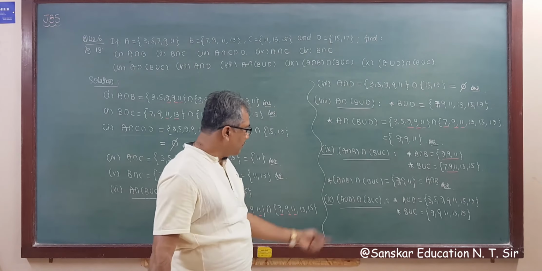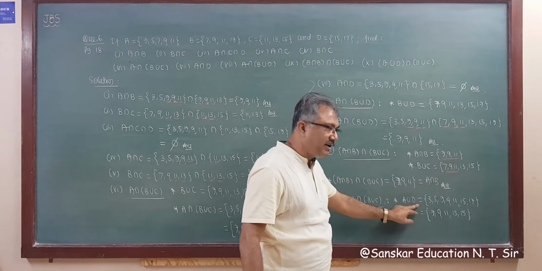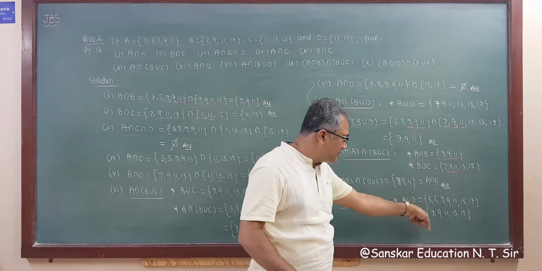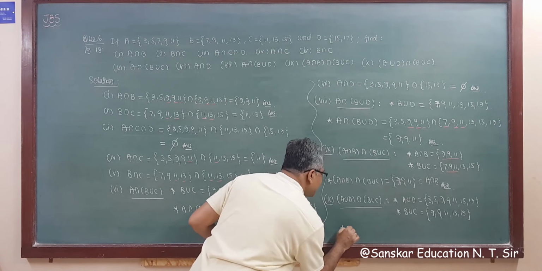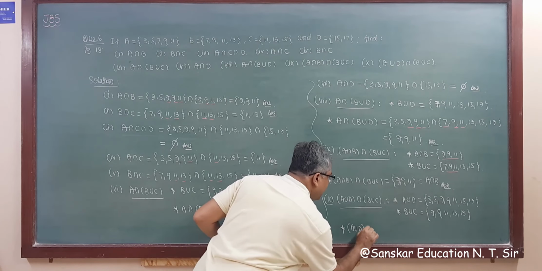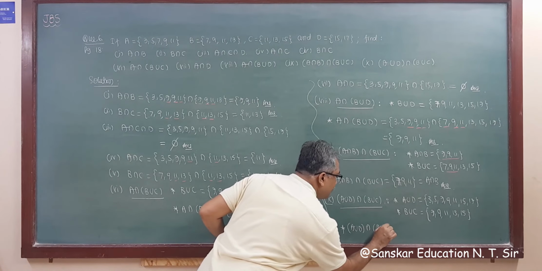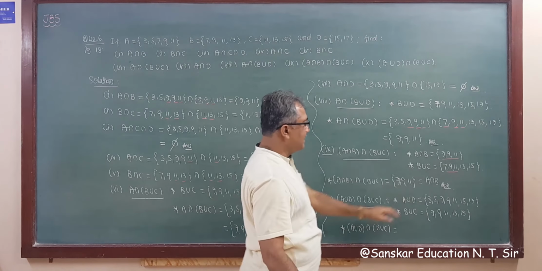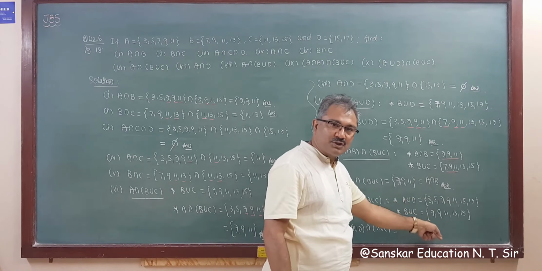Right? So now the question is to find the intersection of these two sets. So our question is A union D intersection B union C. Intersection means common elements of these two sets.